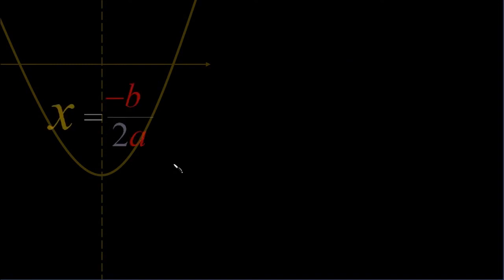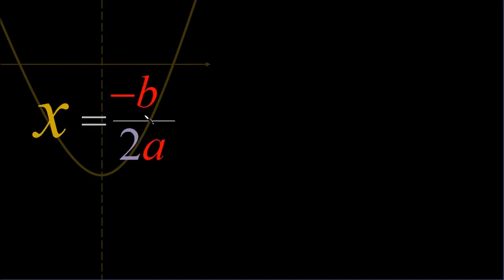So finally, let's just have a look at that formula again. X equals minus b all over 2a. I think the only thing we need to say about this is, again, that it derives from the quadratic formula. X equals minus b plus or minus square root of b squared minus 4ac all over 2a.